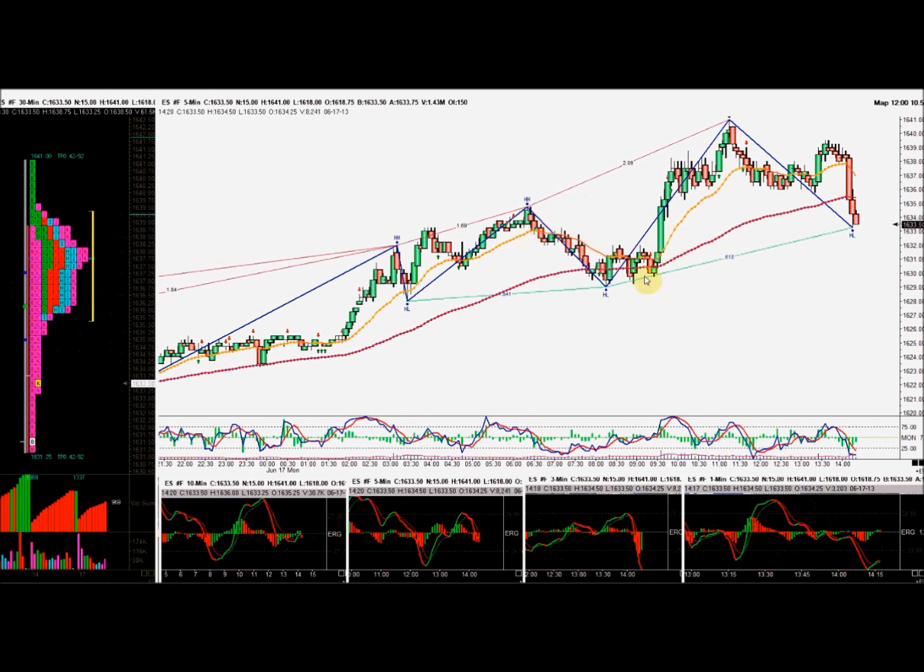So really nothing's been going on. For those of you who play the moving averages, which again, we want to emphasize price action here.